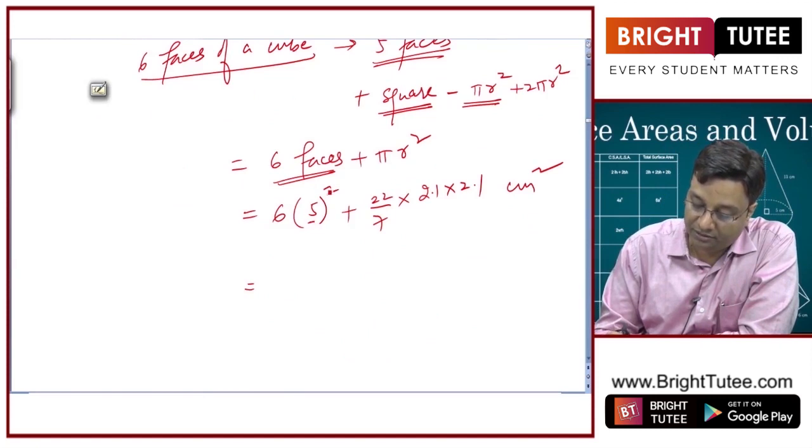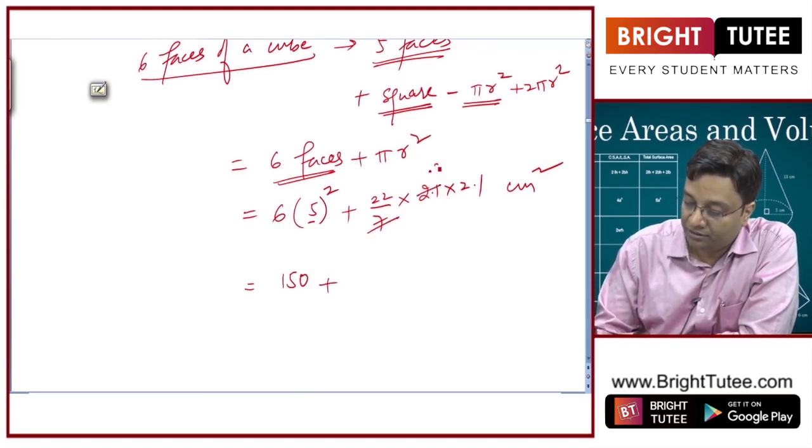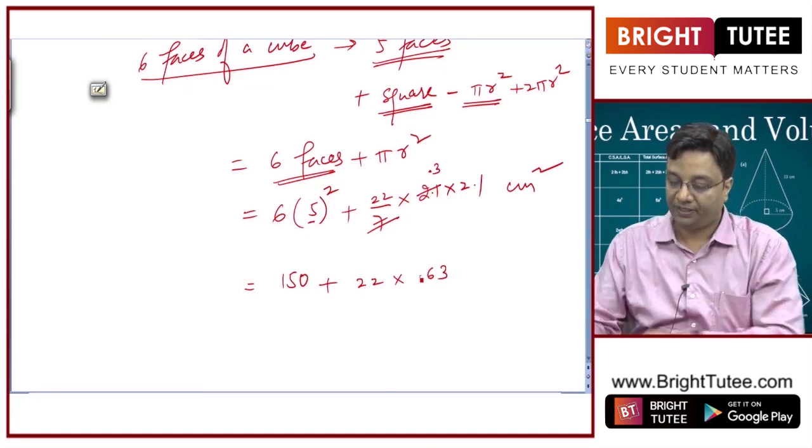So this is 25. 25 into 6 is 150 plus this will give you 0.3. So this is 22 into, this is 63, so 0.63, right?